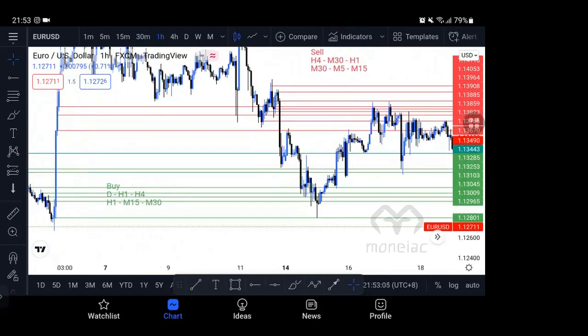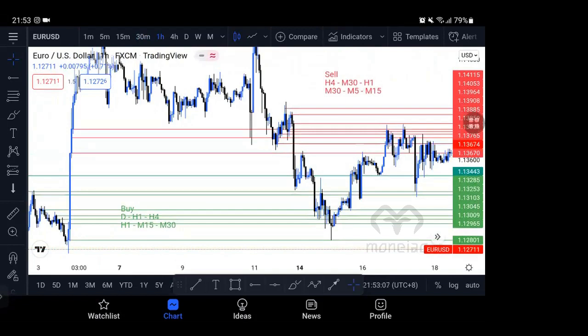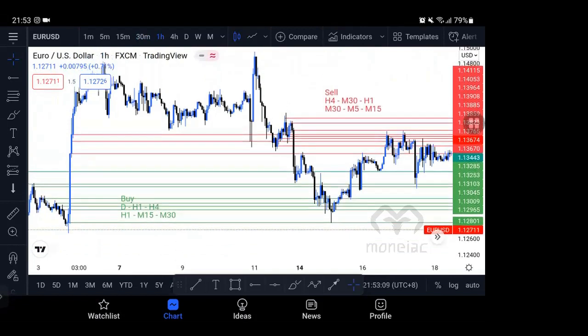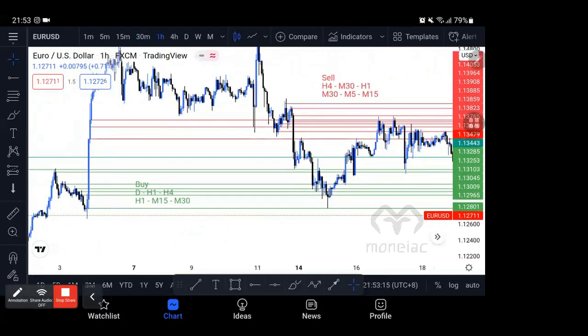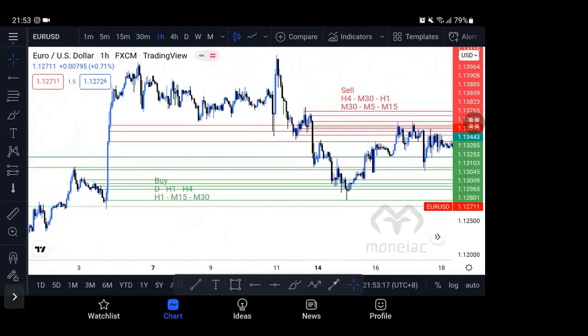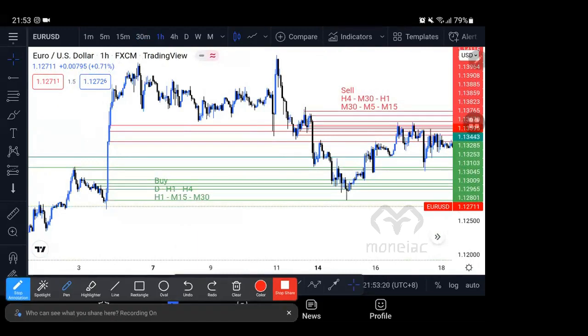So this is what happened in the market. Firstly, at first we are planning to buy, right? We are planning to buy because we have this buy breakout over here for daily.